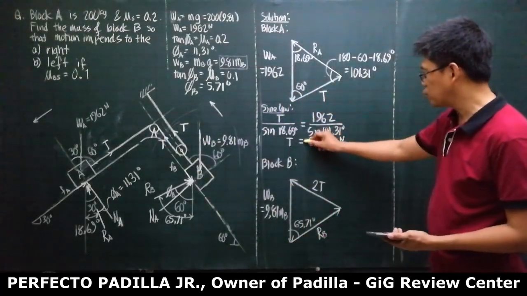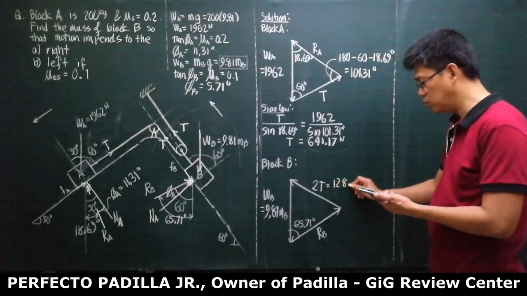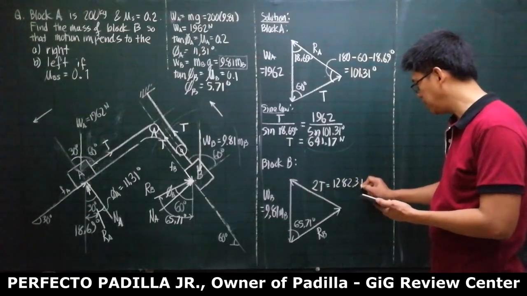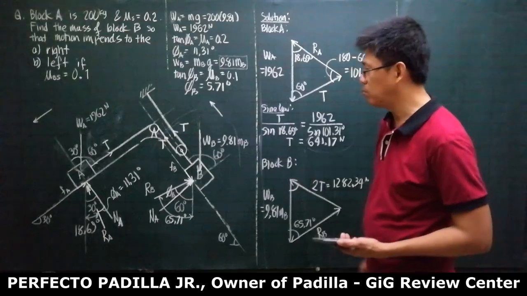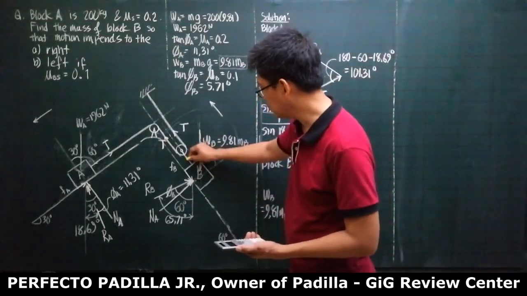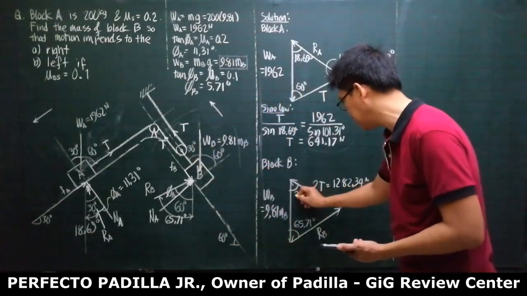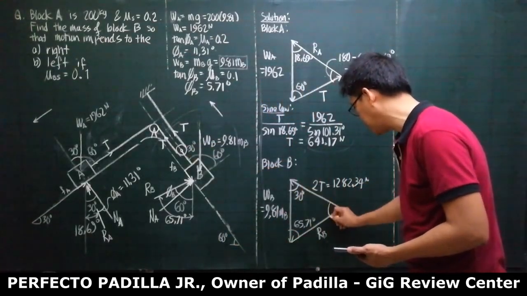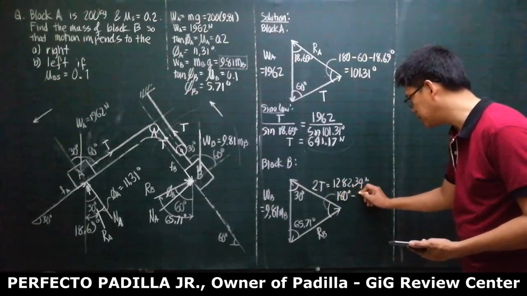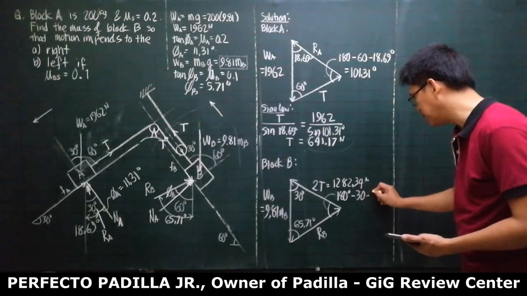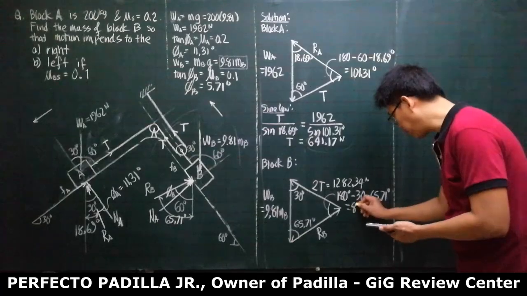Our 2T is twice of this, which is 1282.34 newtons. And it makes an angle of how much with the vertical? This one. If this is 60, then this must be 30 degrees. So therefore, this one is 180 minus 30 minus 65.71 degrees. And this is 84.29.